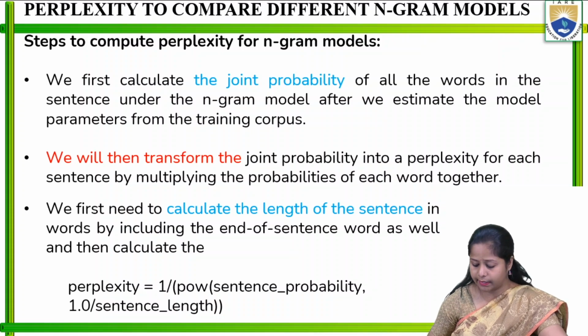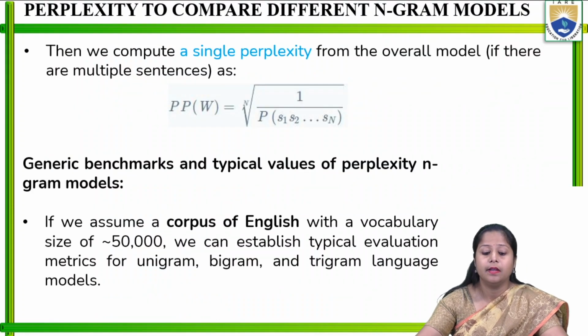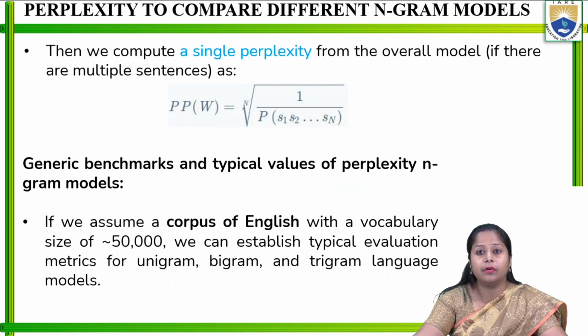Then we calculate a single perplexity for the overall model. If there are multiple sentences, then PP of capital W is equal to the n-th root of 1 divided by P of S1, S2 to Sn, where n is capital N.